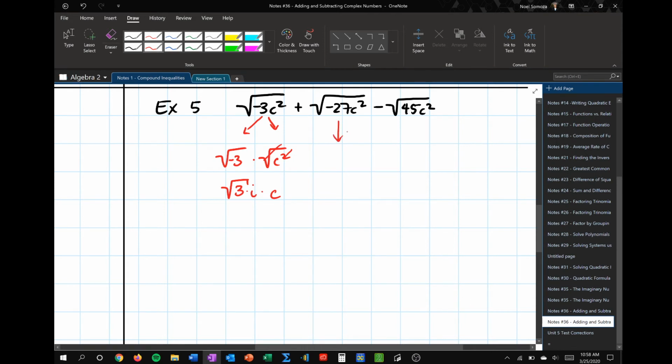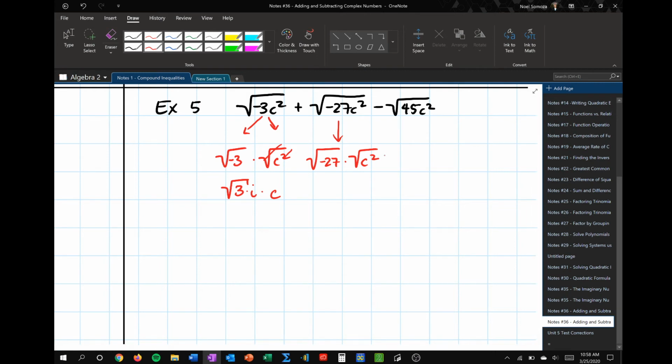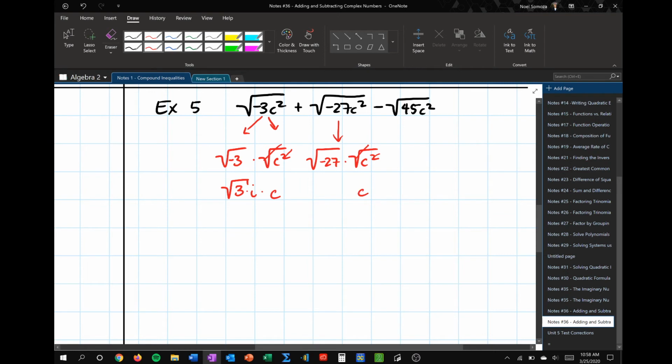Okay, now the middle one. Right, this is square root of negative 27 times square root of c squared. We know that square root of c squared is just going to give us a c. Here, right, we know that the square root of negative 27 will become square root of 27 times i, so times c.